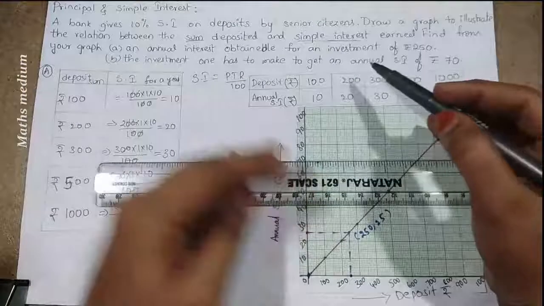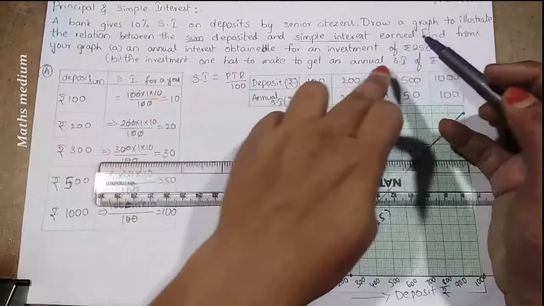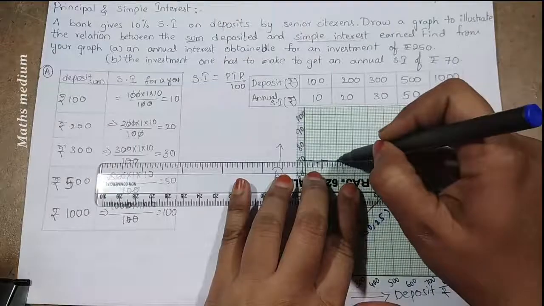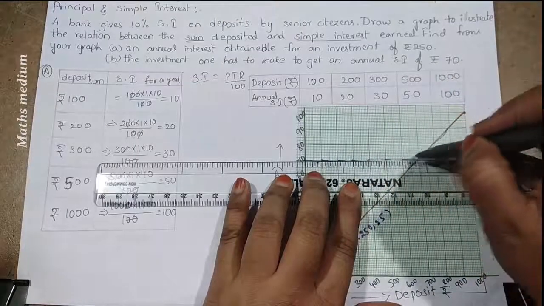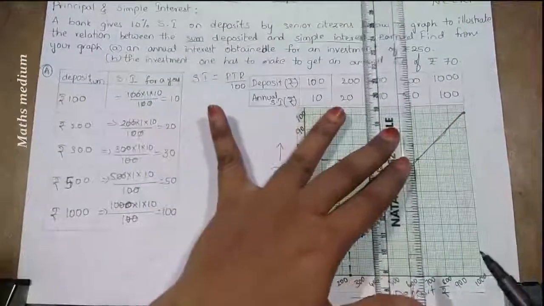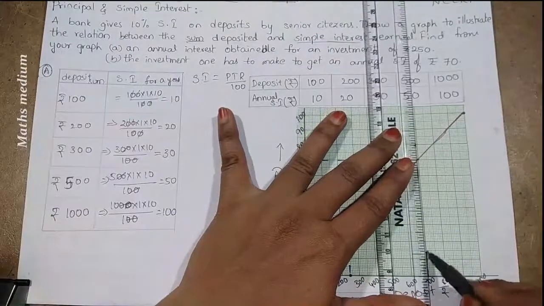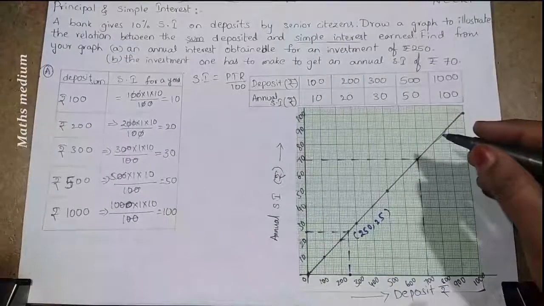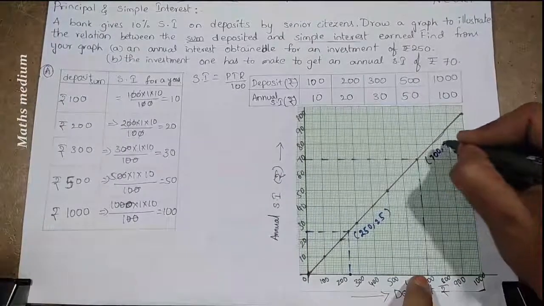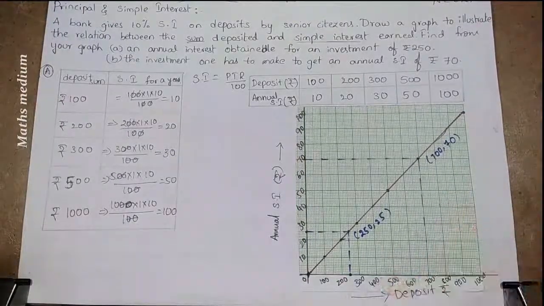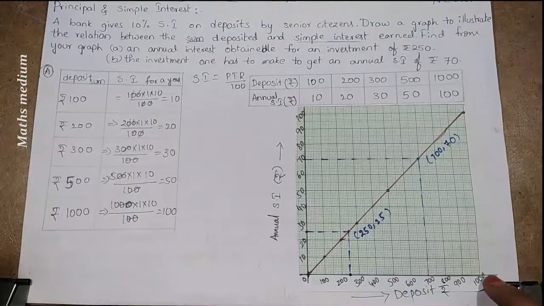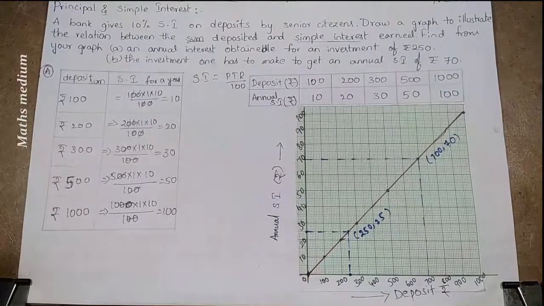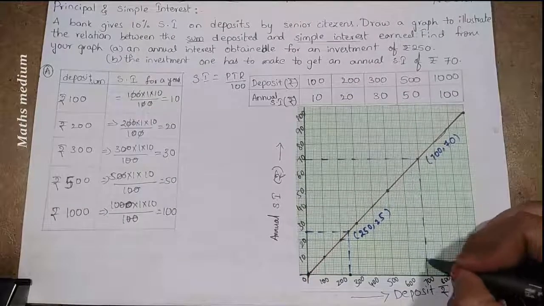And here they said the investment one has to make for annual SI, so from SI, from 70, this is the point of intersection, and it is at 700. So this is 700 over 70. So this is the way to draw the graph by using the given data, and this is the way to answer the questions by using the given graph.